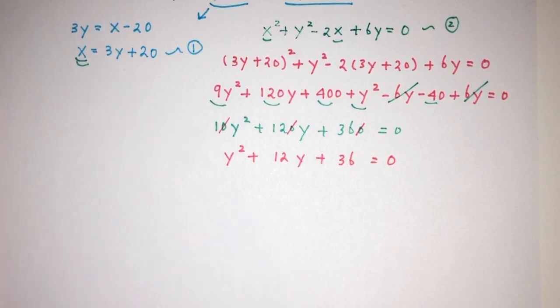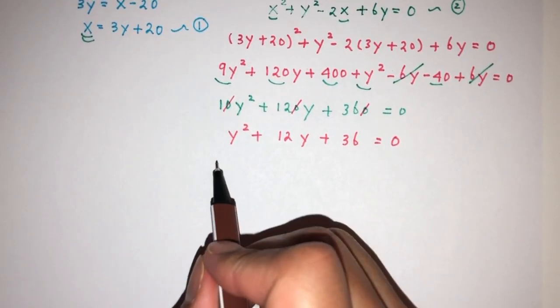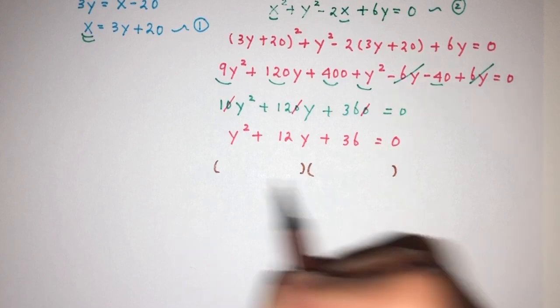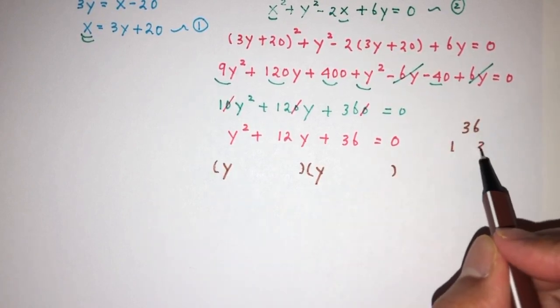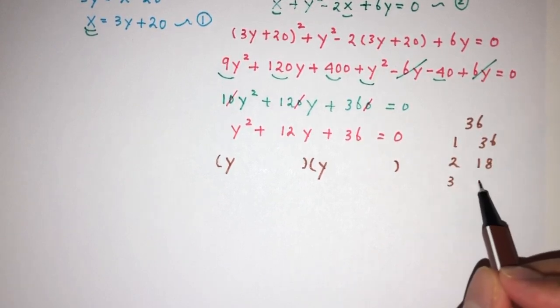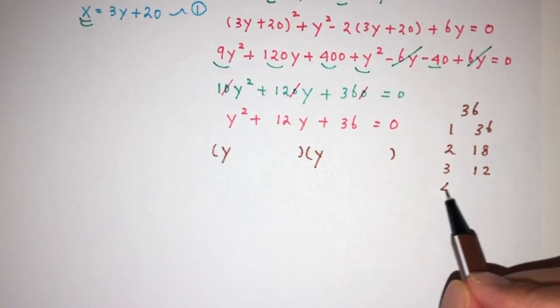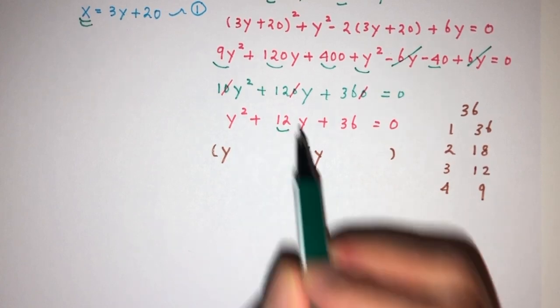Okay, so now as you can see, we have two possible values of y. We have to first factorize and see what happens. This is a quadratic equation, so let's do that. That will be y times y, and 36 can be what? Can be 1 times 36, can be 2 times 18, can be 3 times 12, can be 4 times 9. But now let's see if that is possible to factorize to 12, right?